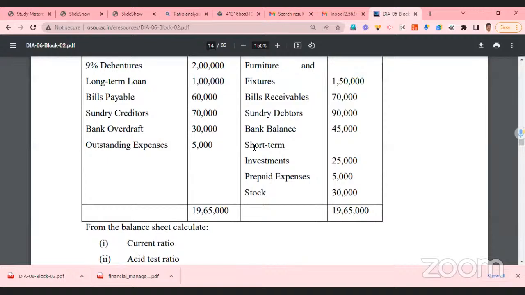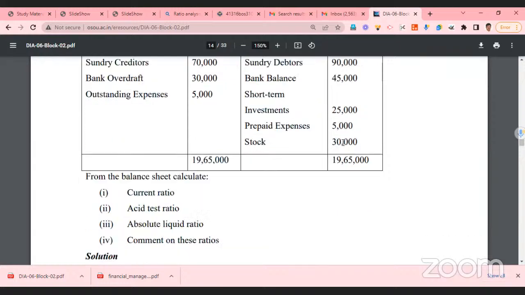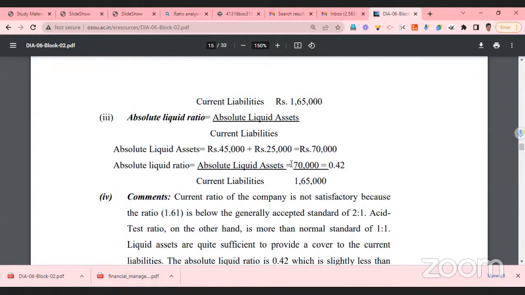When calculating this absolute liquid ratio, you will consider only the short-term investment, not long-term investments. The total is 70,000, divided by 1,65,000. Now the answer is 0.42.